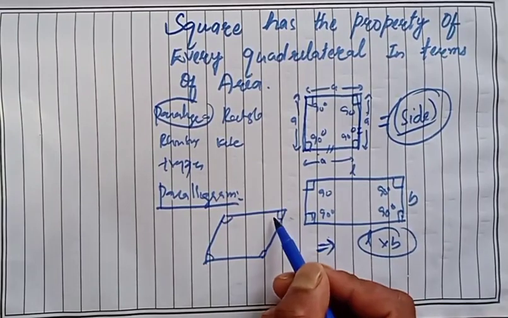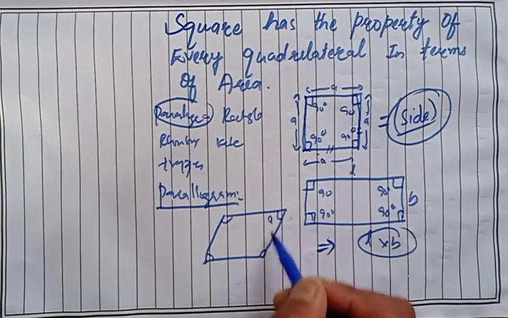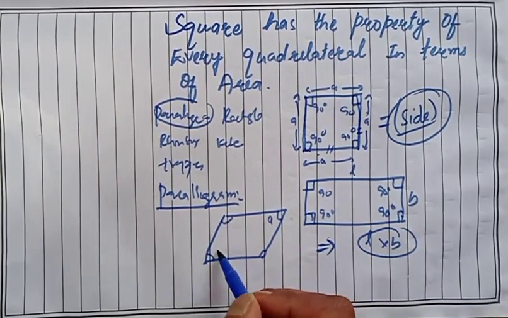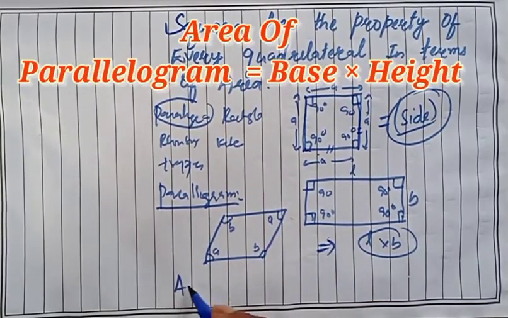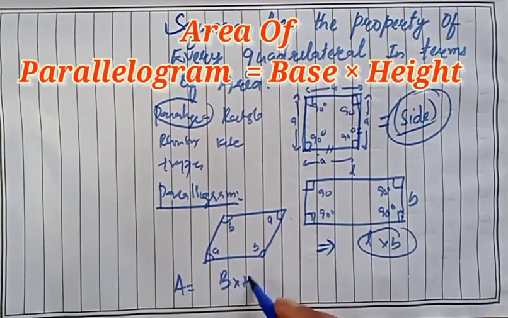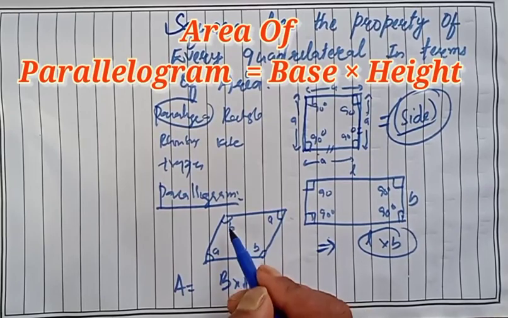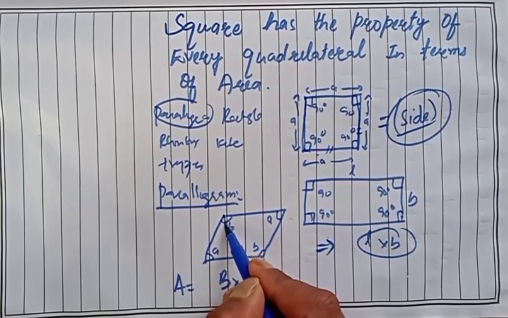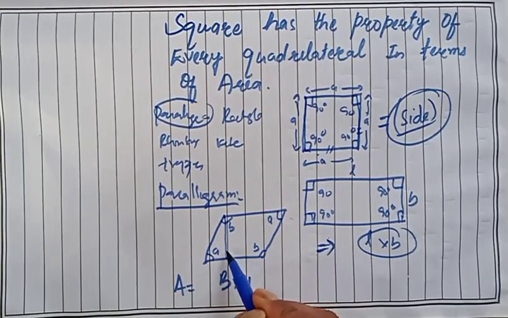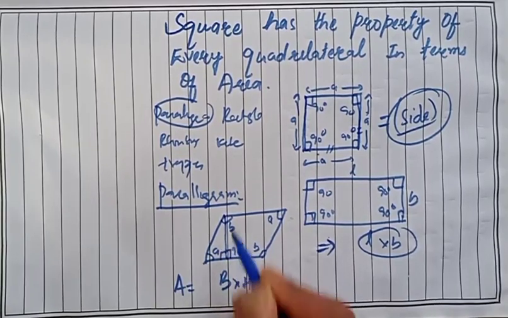Suppose this is angle A, and this one is also angle A. If this is B and this one is also B, its area is written as base into height. How can we draw the height of this quadrilateral? We can start from this point to this base, where it makes a 90 degree angle with the base. This is the height.